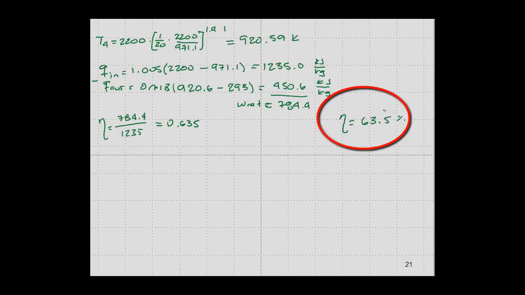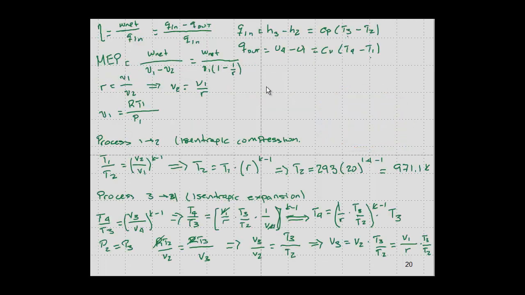Now for the mean effective pressure, we recall that we need V1. We can get it just by substituting the appropriate values: 0.287 times T1, 293, divided by P1, which is 95.